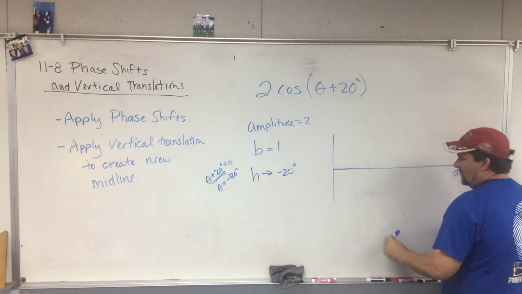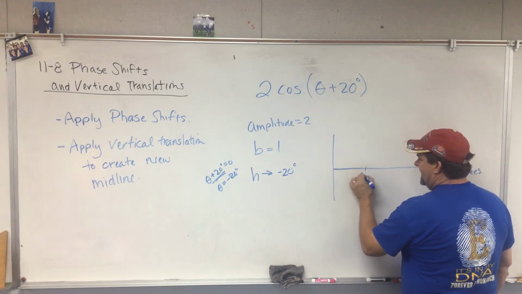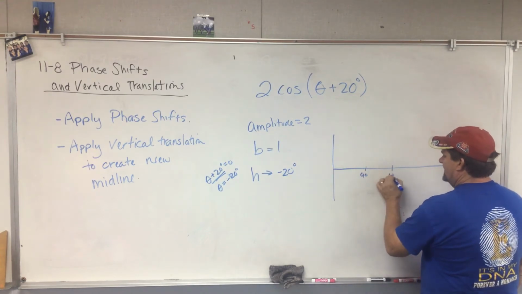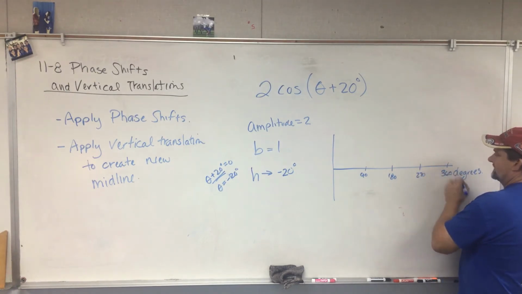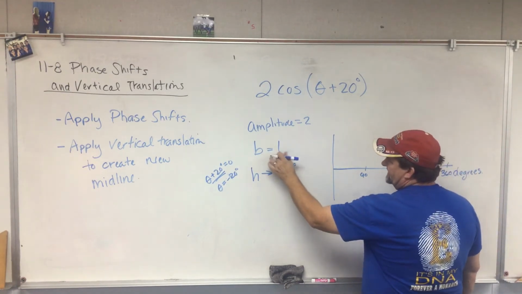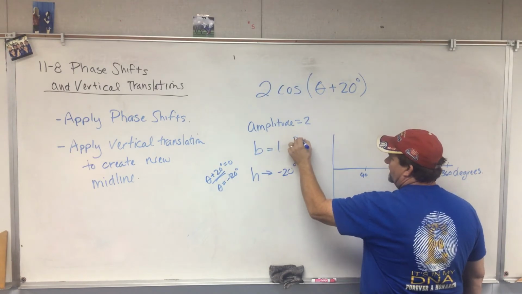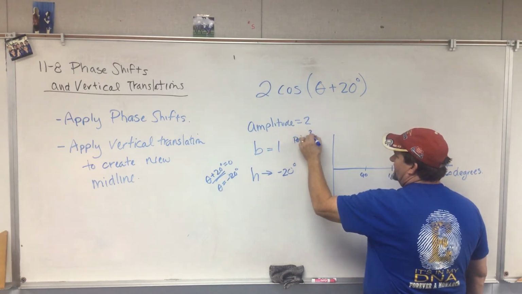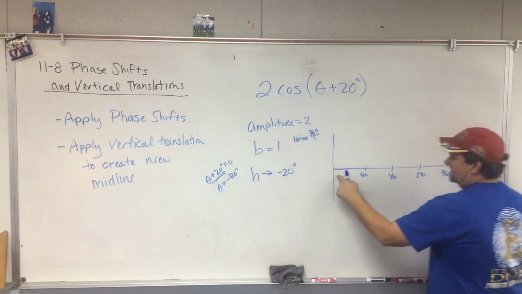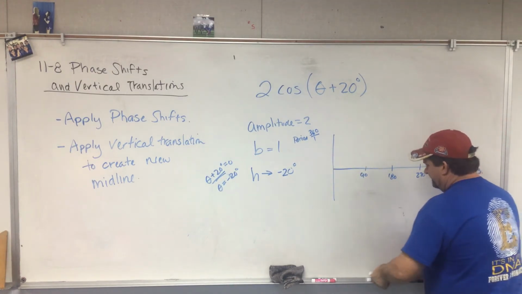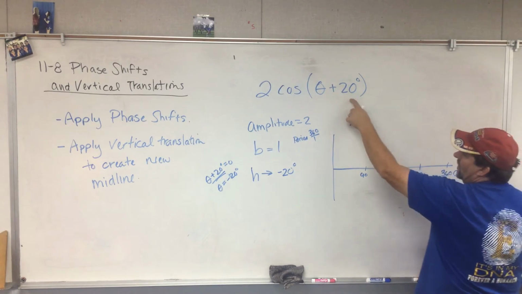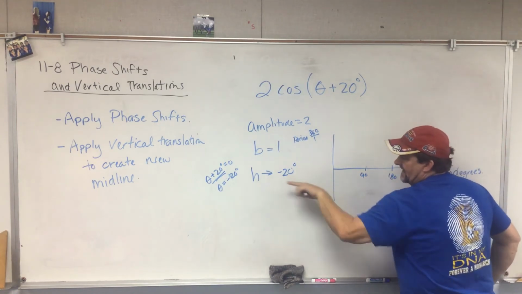And we know our original is at 90 degrees, 180, 270, 360. We know our b is 1, so our period is still 360 over 1, so 360 degrees, so it's still going to be that long. But I need to move all of these to the left 20 degrees.